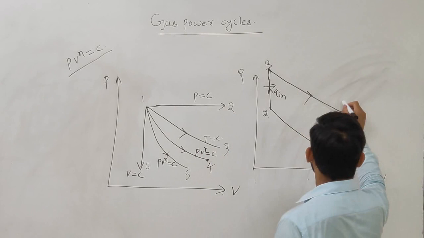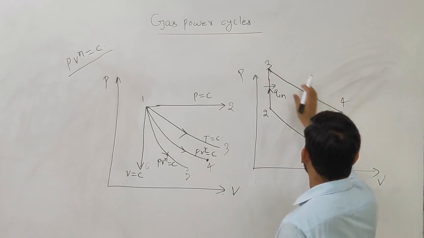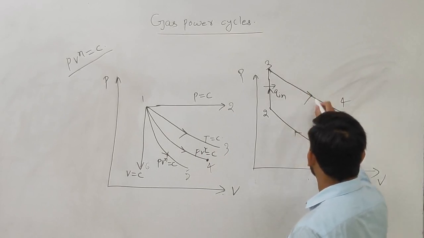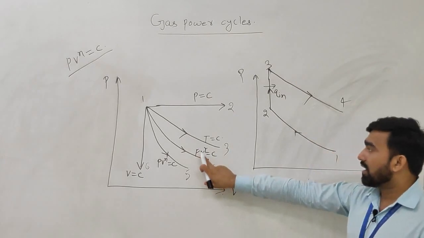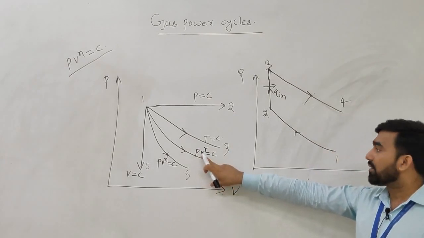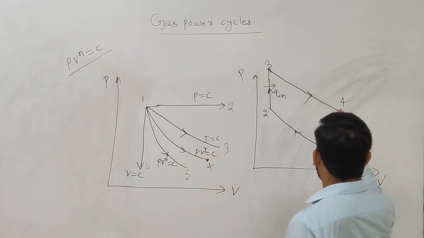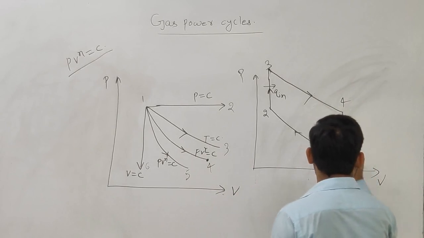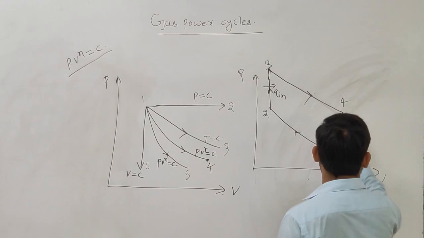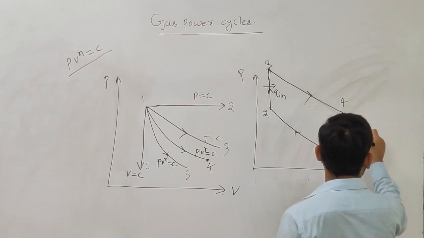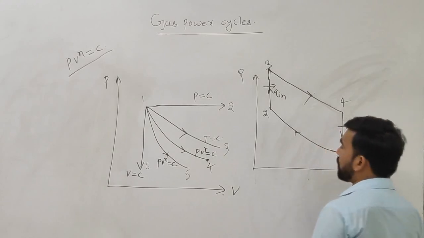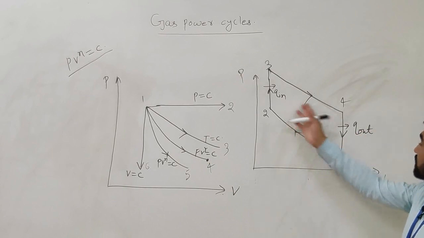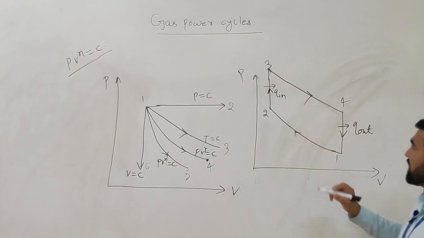And 3 to 4 is again isentropic, or PV to the power gamma equals constant. And 4 to 1, where heat is being rejected at constant volume. So this is at constant volume.